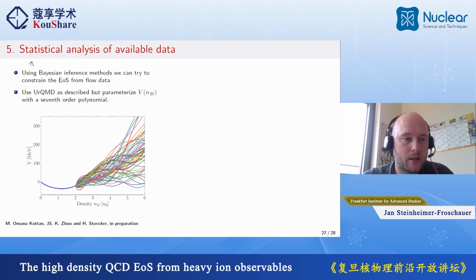And what we did here is, instead of just saying I believe this equation of state, I believe that equation of state, we just parameterize our equation of state in terms of this potential. So we can find an infinite amount of polynomials which extend this equation of state, which is known at the low density region, but we just take a lot of them.